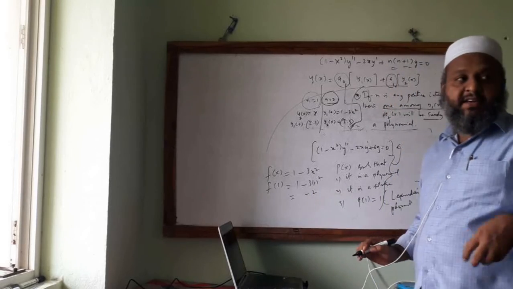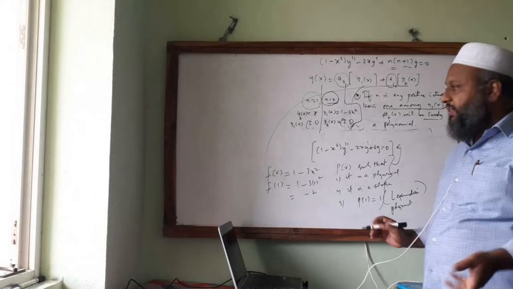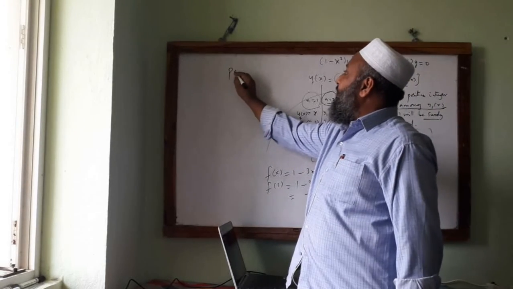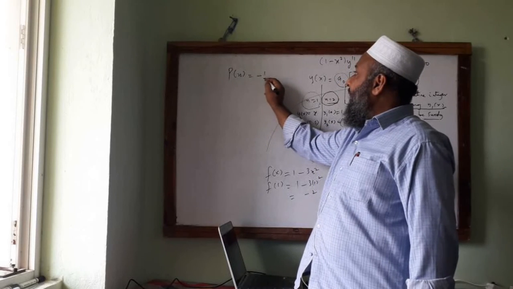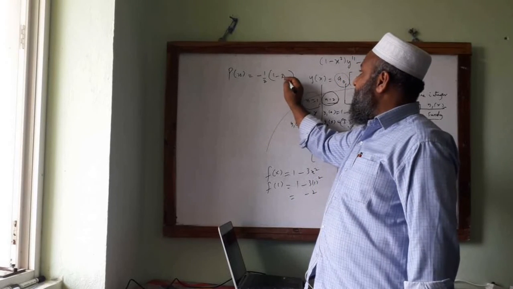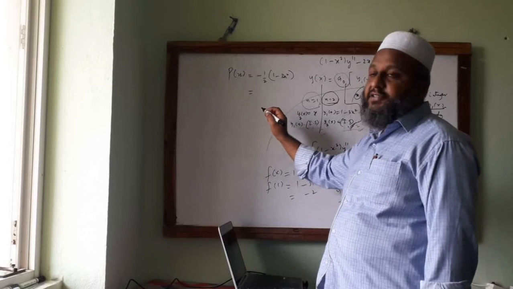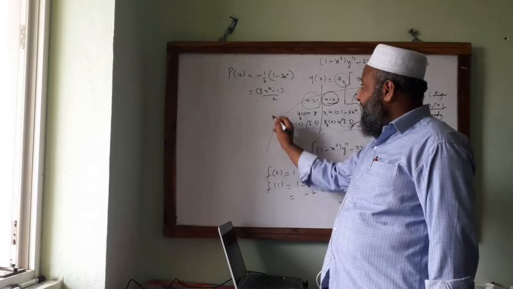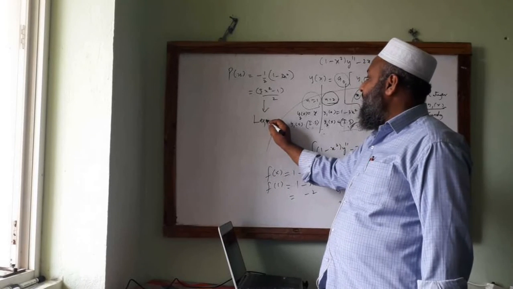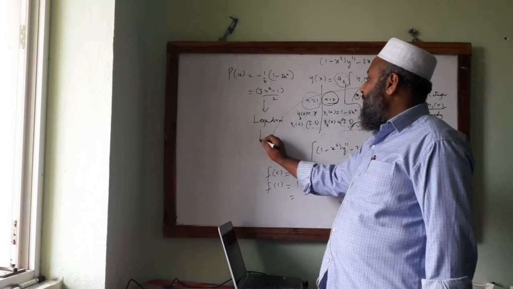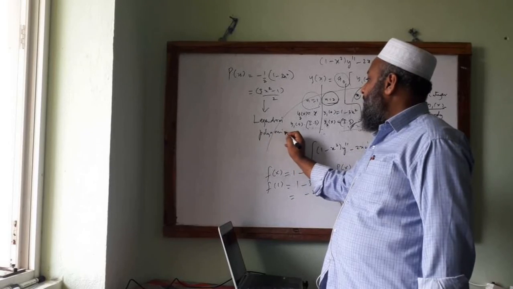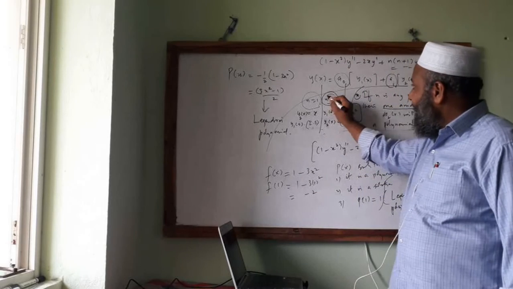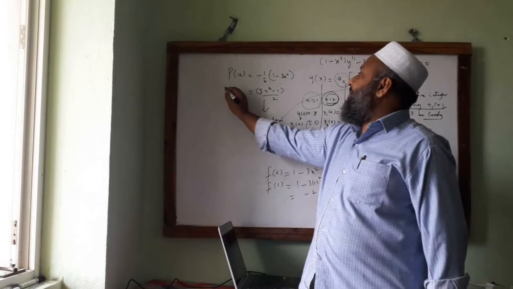So if I multiply by minus 1 by 2, that is going to become plus 1, and hence I'll take p of x as minus 1 by 2 times 1 minus 3x square, that finally reduces to 3x square minus 1 by 2, and this is going to be called Legendre's polynomial. Because it is corresponding to the value of n equal to 2, we denote it by p2 of x.